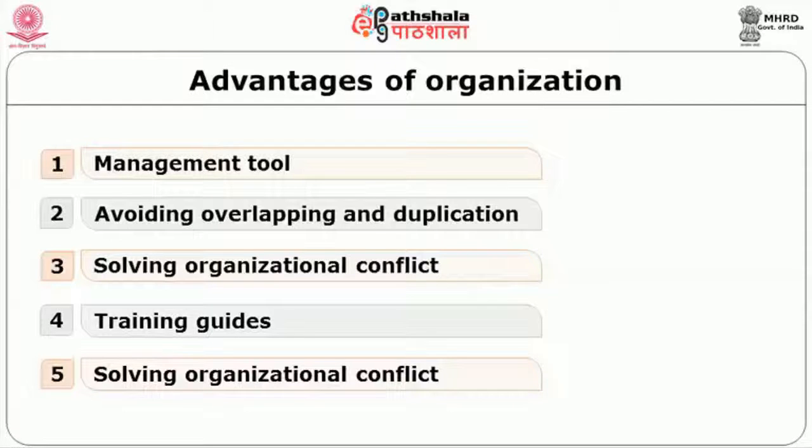Therefore there can be a training program which can be organized only for the mathematics teachers before the session starts, or maybe we can give some additional inputs to the students through this HR department so that the students can improve. So this is the major role the organization chart can show.